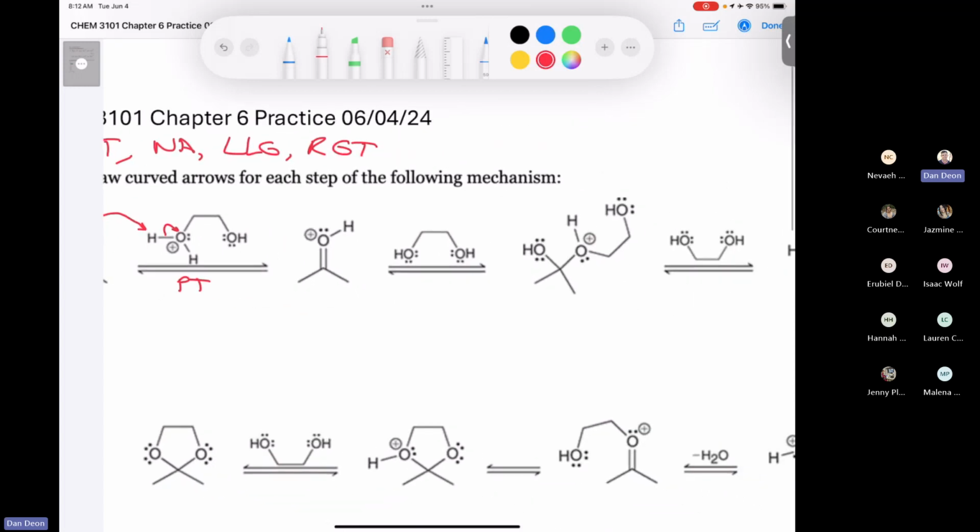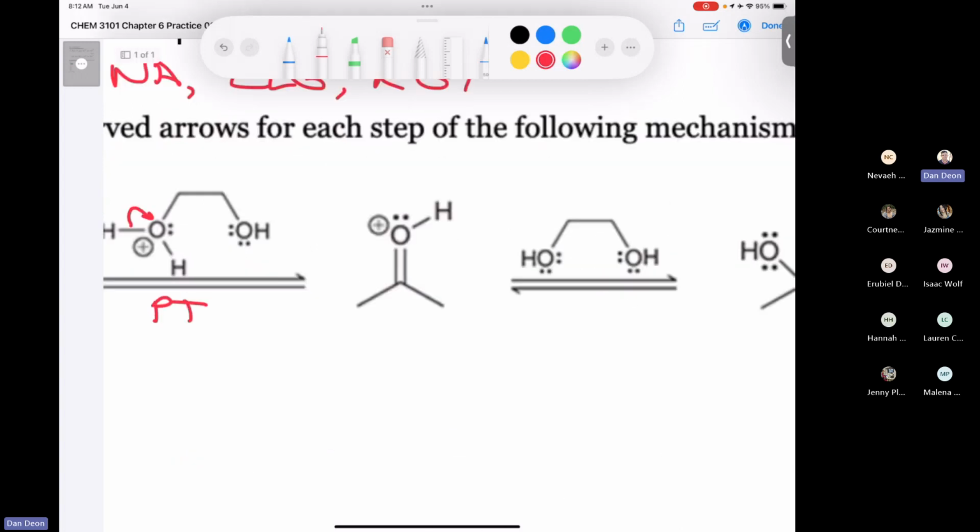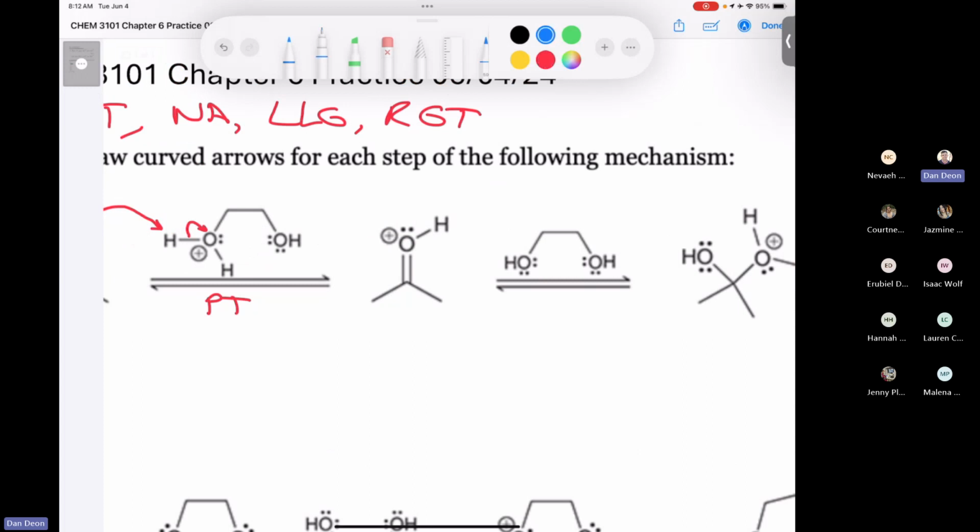Now, the next one's something we haven't seen, I don't think, this morning. So if I look at this oxonium ion, let me test your knowledge based on what we talked about yesterday. If I look at this protonated ketone here, this carbon that I have highlighted in blue, would you say that carbon is a strong electrophile or a strong nucleophile?